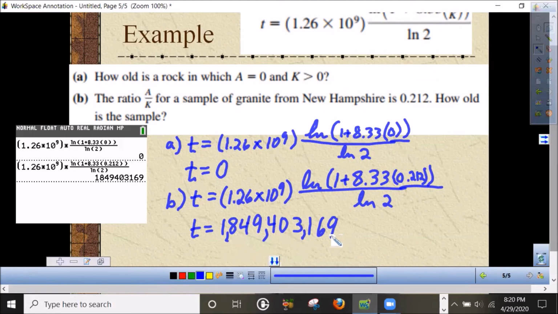Now, of course, this is just an estimate, so we would probably say that this rock is approximately 1.8 billion years old.